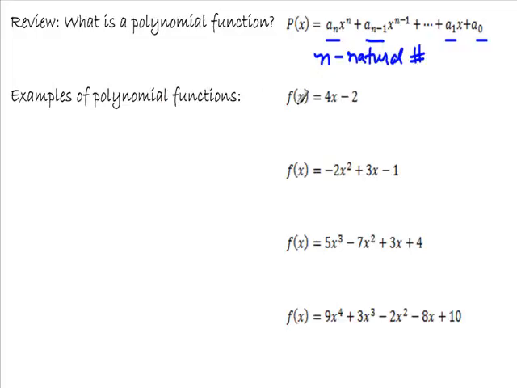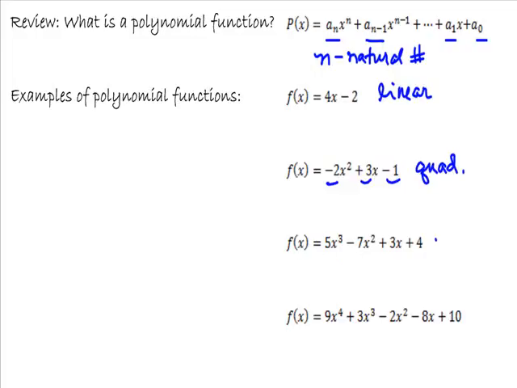Examples of polynomial functions, hopefully these you know. F of x equals 4x minus 2, that's a linear function, right? That's a polynomial where a sub 1 is 4, a sub 0 is negative 2. F of x equals negative 2x squared plus 3x minus 1, that's a quadratic function. So there we have a sub 2, a sub 1, and a sub 0.